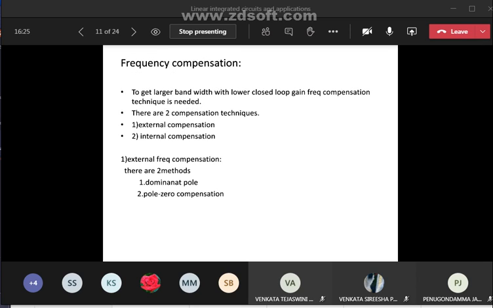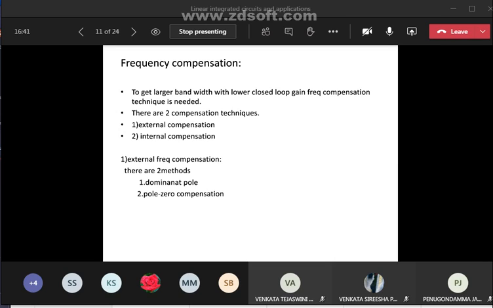Now we will see what frequency compensation is. To get larger bandwidth with lower closed loop gain, frequency compensation techniques are needed.